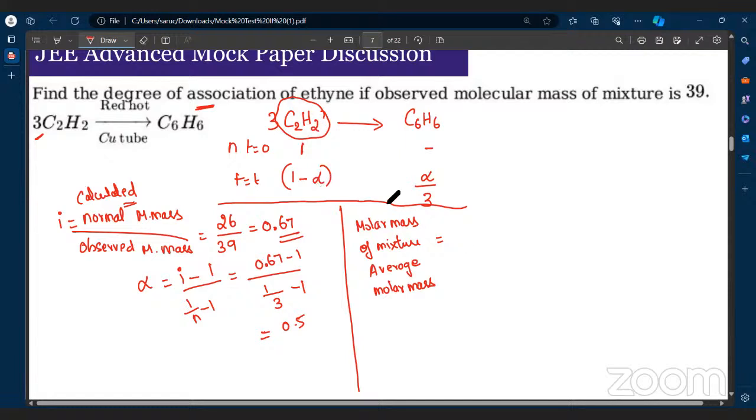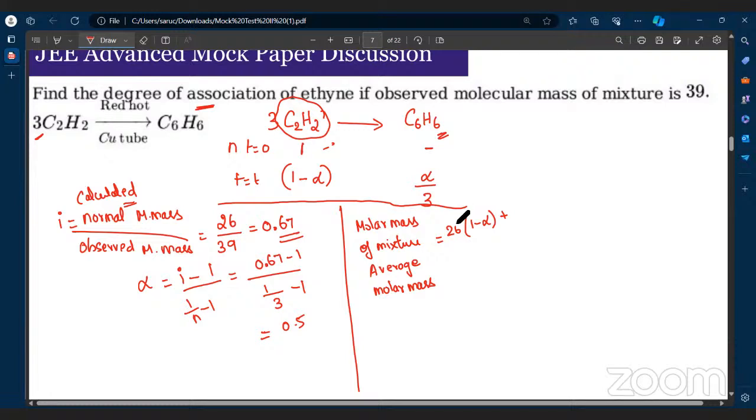So now here you have C2H2, with 1 minus alpha moles, and the calculated molar mass of C2H2 is 26. So it is 26 into the number of moles, plus, what is the molar mass of benzene?